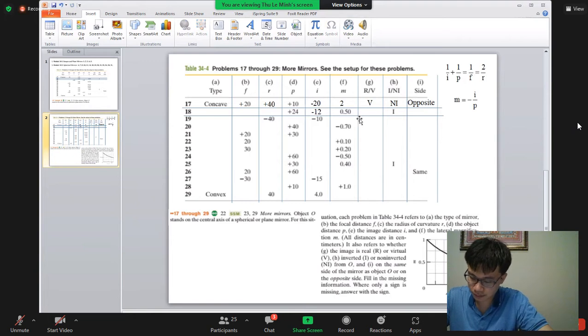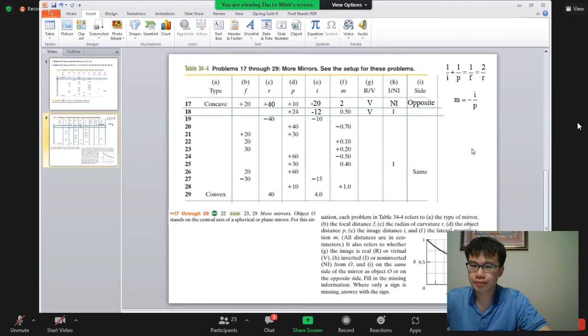And is this image virtual or real? This is virtual. Why? Because the image distance is negative, so this is a virtual image due to the definition of image distance.